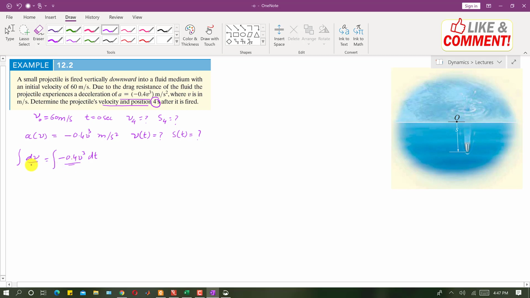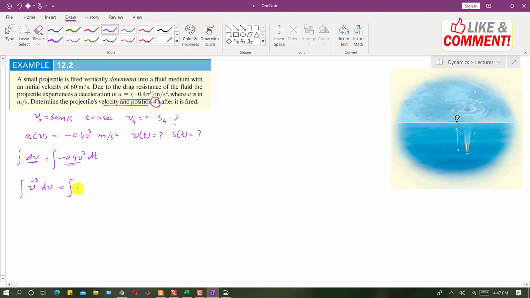So, this function needs to be here. So, let me bring this v cube here. So, this will be 1 by v cube dv, or we can write it like this, 1 by v cube is equal to v to the power minus 3.